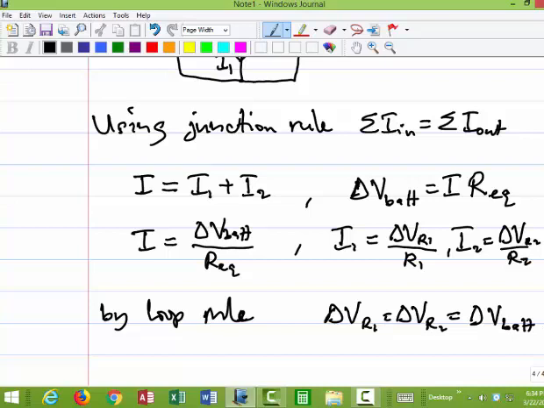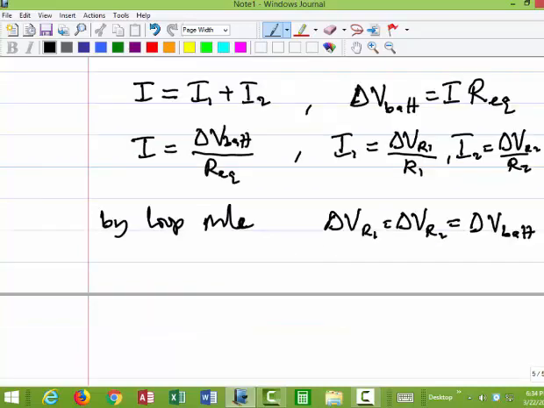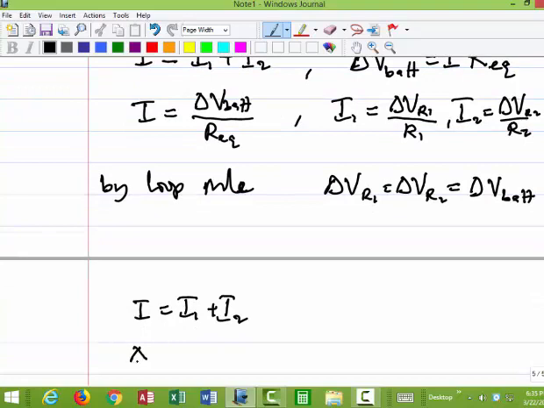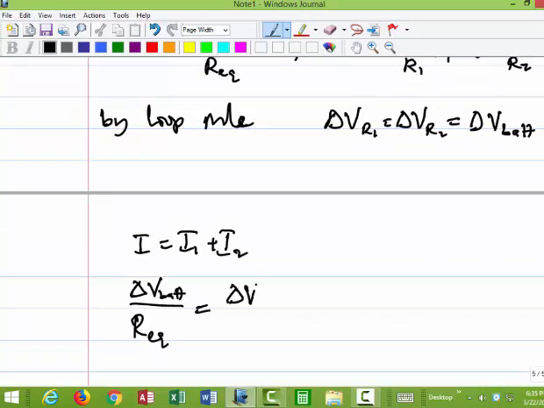Okay, so we can now say that I equals I1 plus I2, and we replace these I's by the potential drop divided by the resistance. Then we can say the potential drop across the battery divided by R equivalent is equal to the potential drop across the battery divided by R1, plus the potential drop across the battery divided by R2.